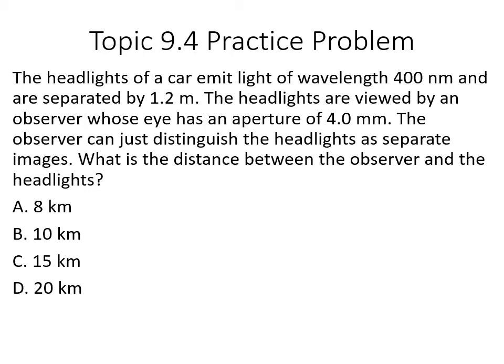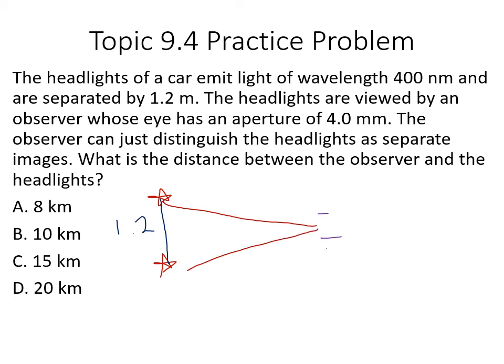So to quickly solve this problem without a calculator, because remember, on multiple choice questions on the exam you won't have a calculator, you need to relate the small angle approximation for the two sources of light with the aperture of the person's eye. These two sources of light are separated by this distance of 1.2 meters. The light travels like so into the person's eye.